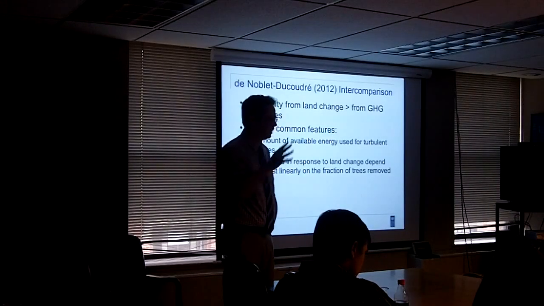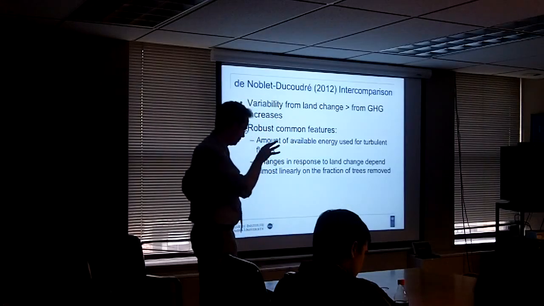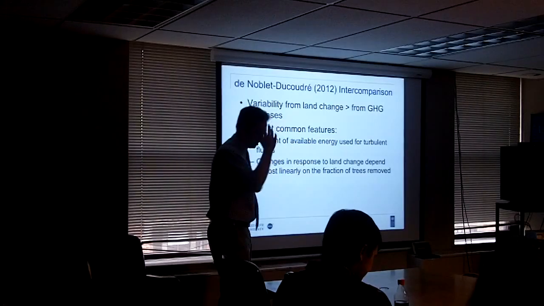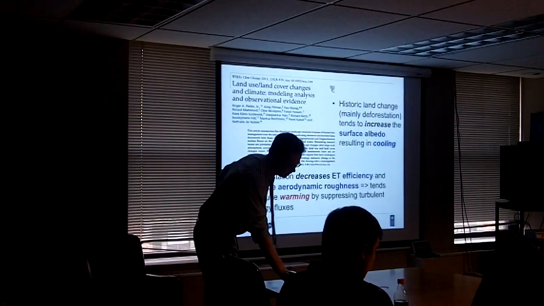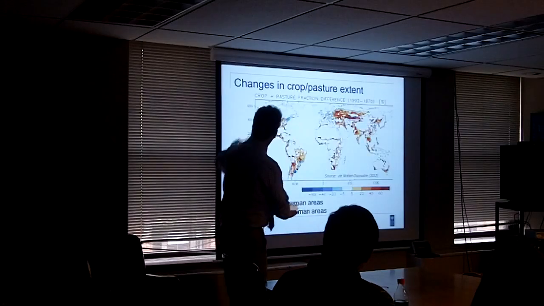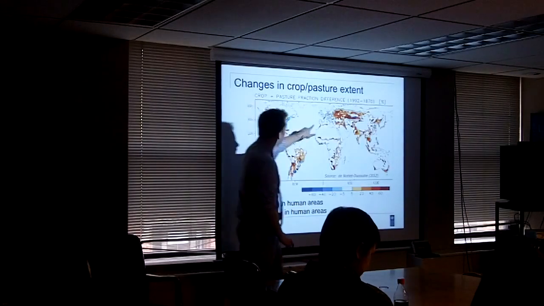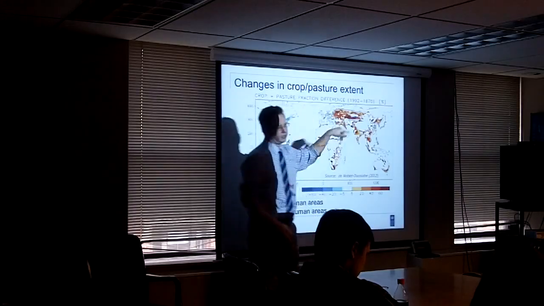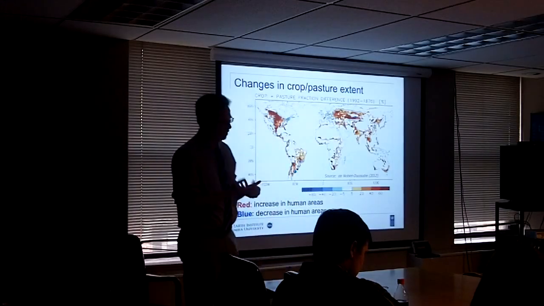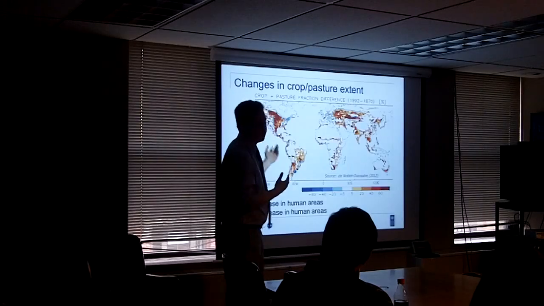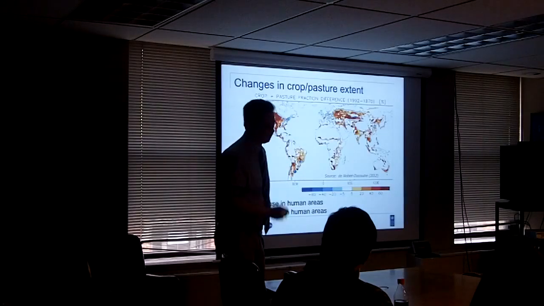I don't recall exact details, but it's not the global average, of course, it's for different regions. The 2 regions they looked at are this region here in North America and this region in Eurasia. So the variability in temperature and precipitation was greater considering these land changes for those regions.